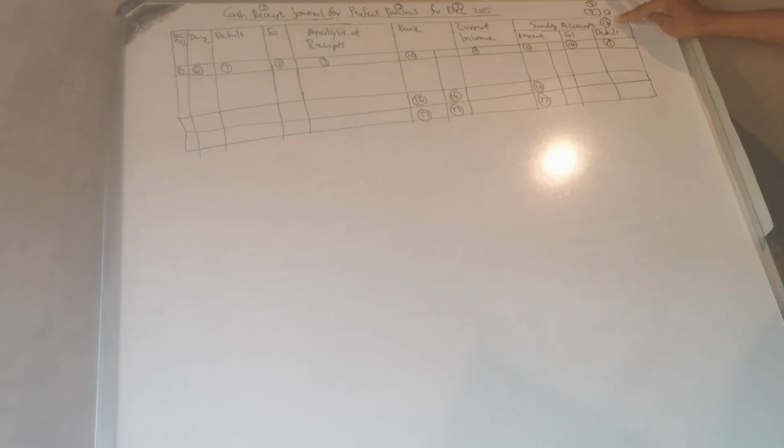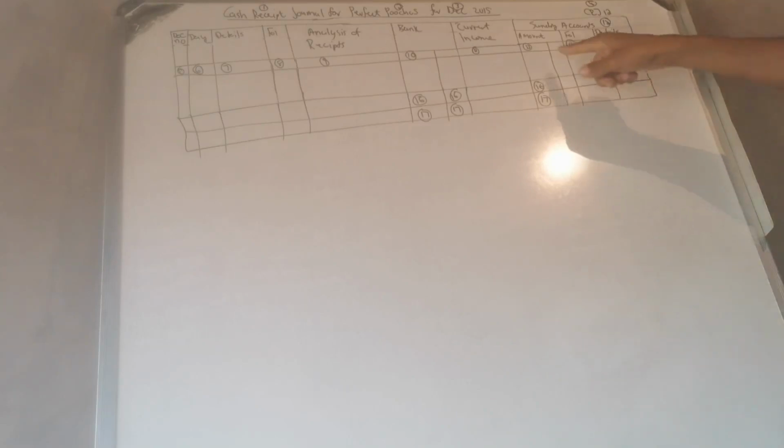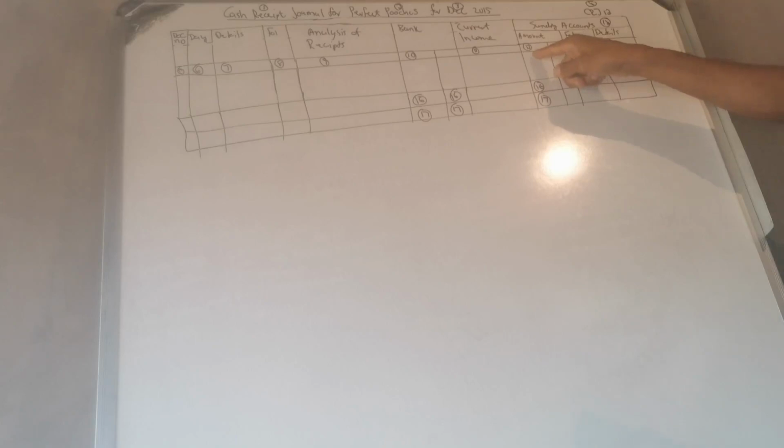Record sundry accounts. And then number 13, the sundry amount received.